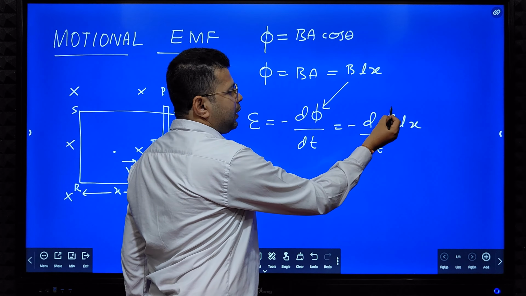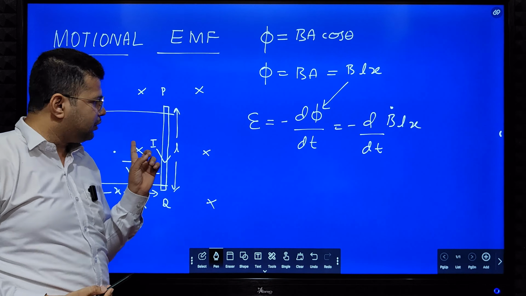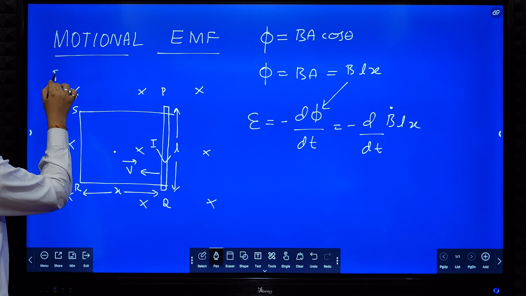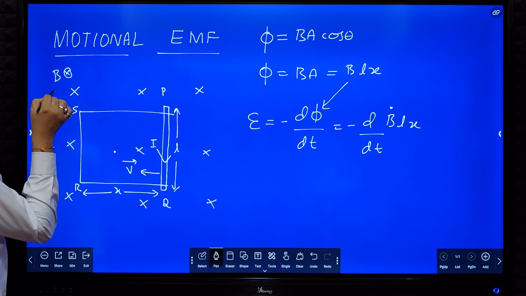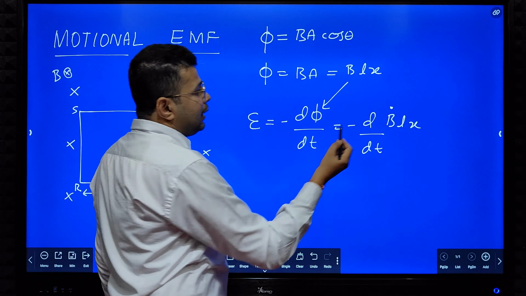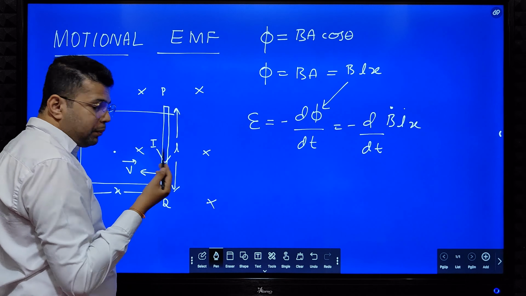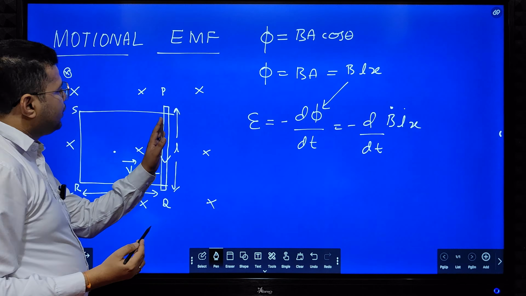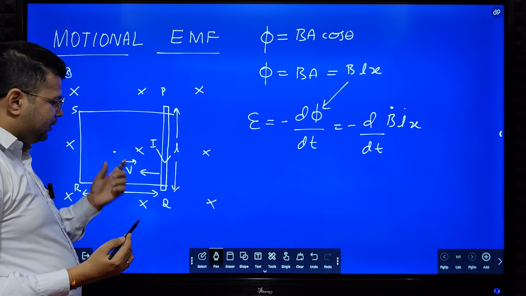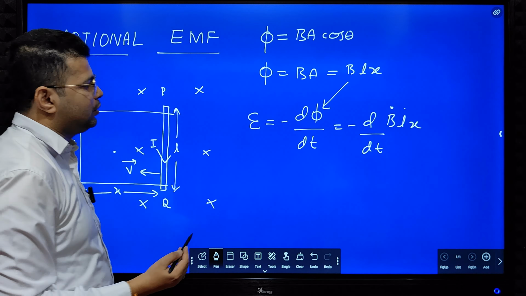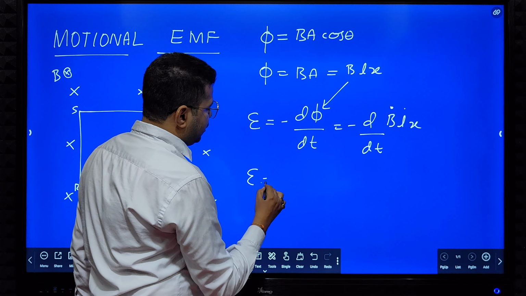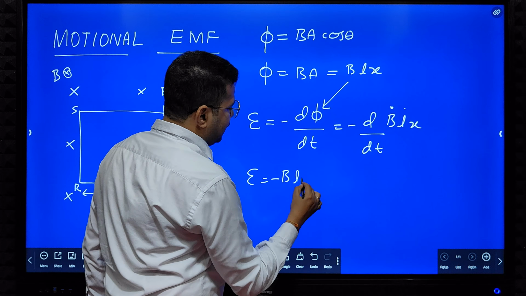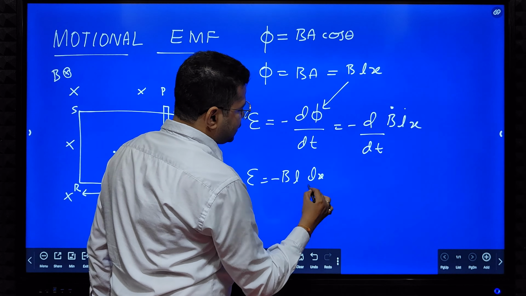Here the magnetic field is constant because we have considered uniform magnetic field, going into the plane of the board. The length of rod PQ is also constant, but X is variable. When the rod PQ goes towards left, X decreases. Then E will be equal to minus BL into dx by dt.